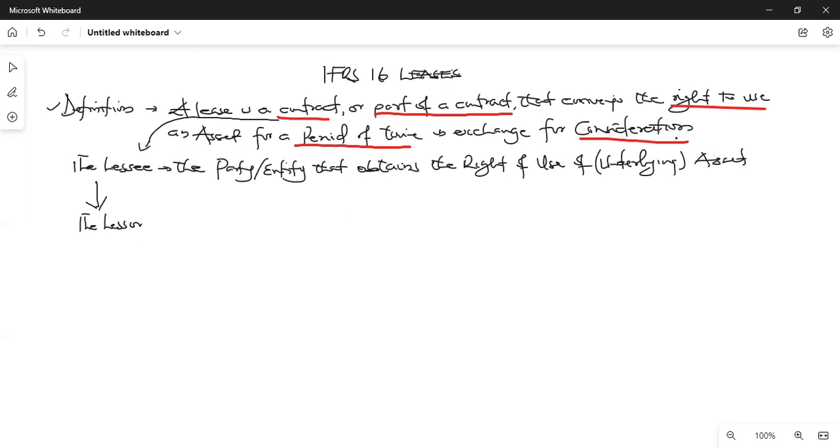So the lessee is the one who gets to use the asset, and he's the one that gives the consideration, all right?